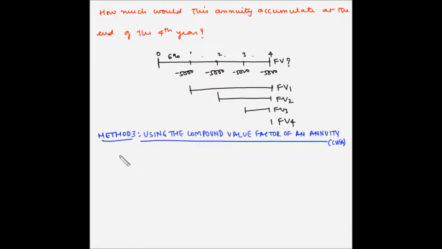Now the formula that we used in the previous method was future value is equal to A into bracket 1 plus I to the power N minus 1 divided by I. So here we can segregate the formula into two parts. Let's say this is the first part and this is the second part.